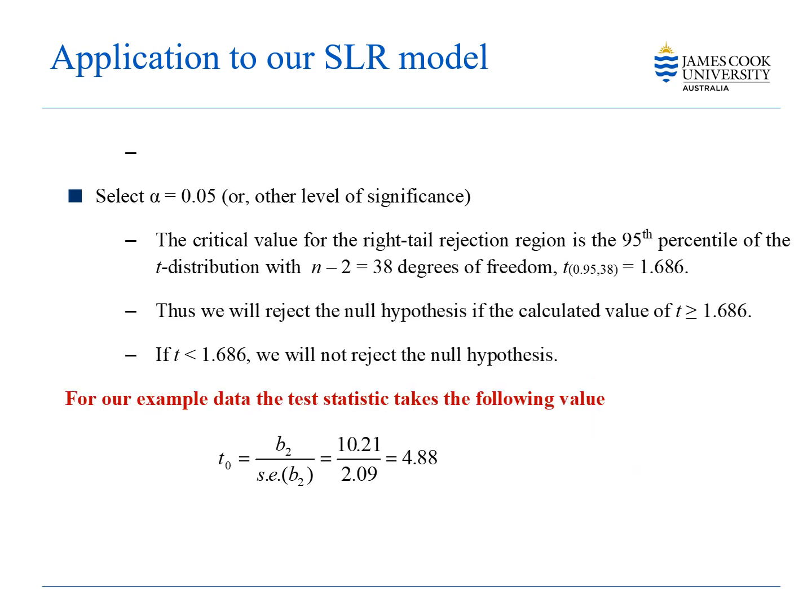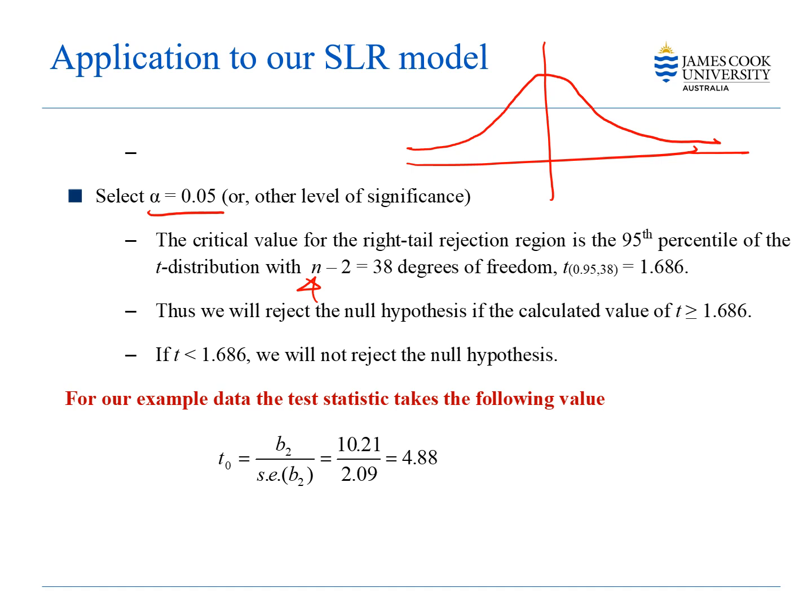Let's choose the level of significance alpha to be 5%. Determine the critical value, the 95th percentile of the t distribution with n minus 2 degrees of freedom. Here n is 40, so 40 minus 2 is 38 degrees of freedom.